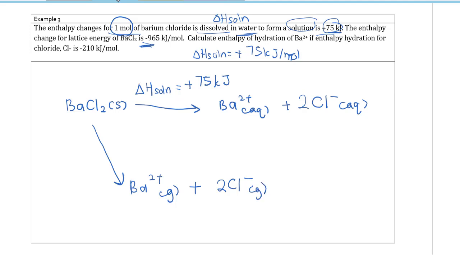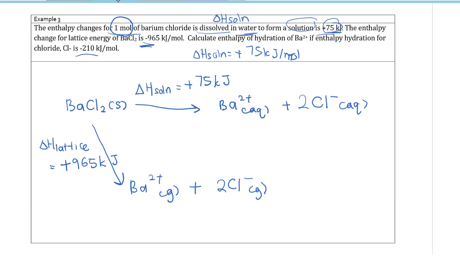From this value, you just change the value to positive, because this is formation, this is dissociation. So in the dissolution process, it is referring to lattice energy dissociation.